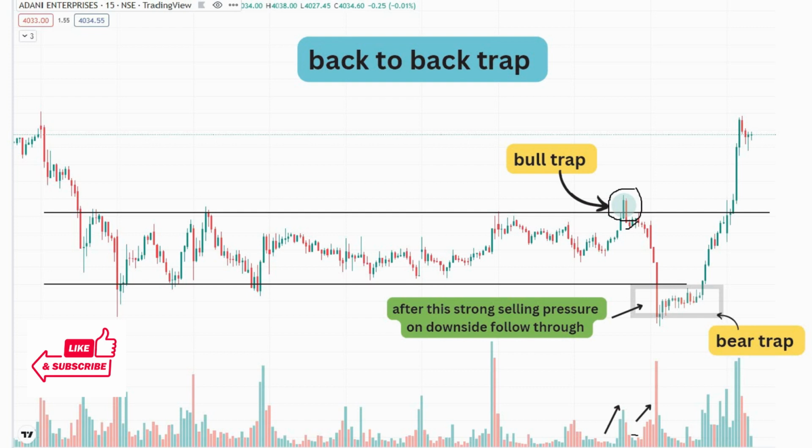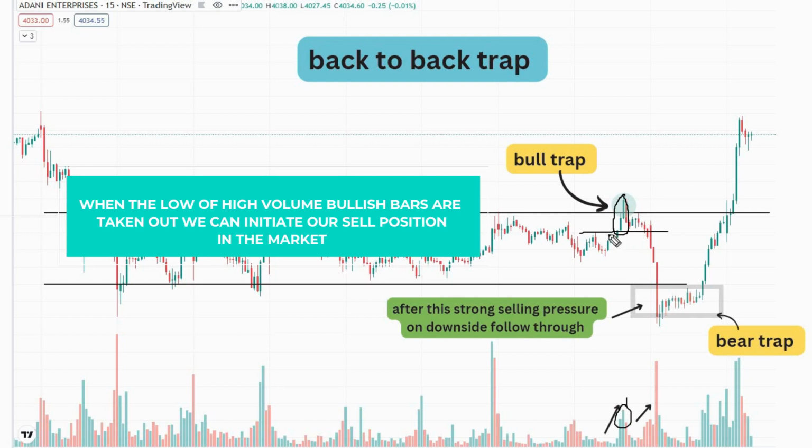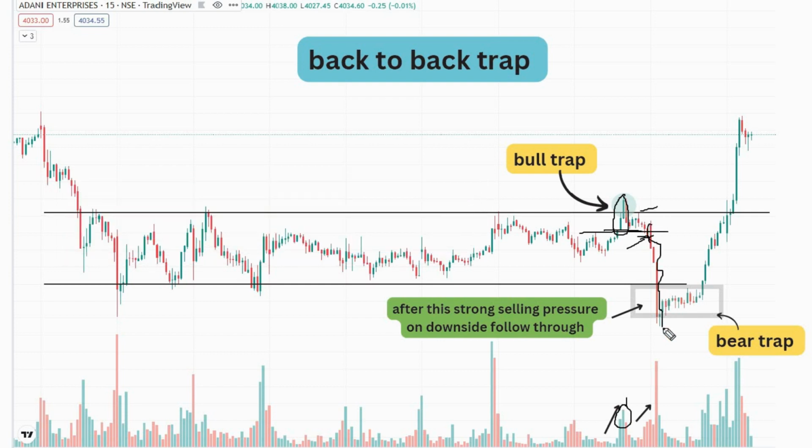So where will we enter? Just below the low of these two high volume bars. See these two high volume bars? We'll enter short at the break of these high volume bars, with the stop loss here. See the huge downside momentum after that. Why will we enter here?